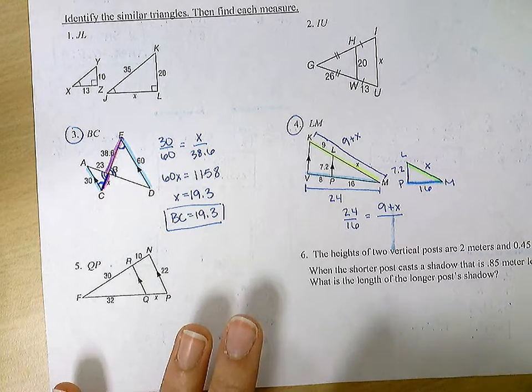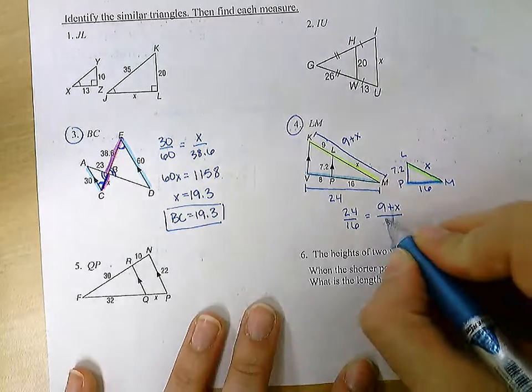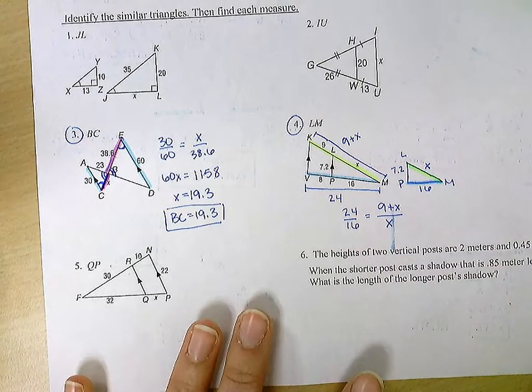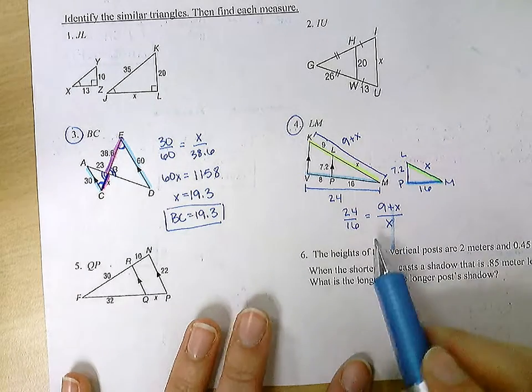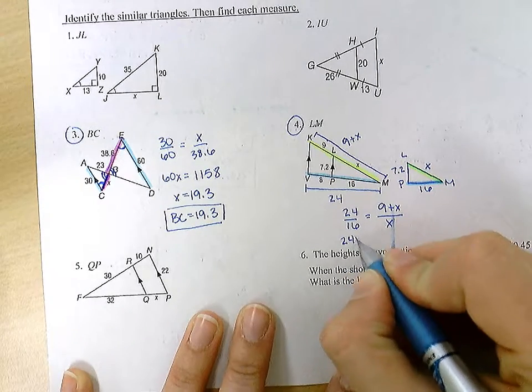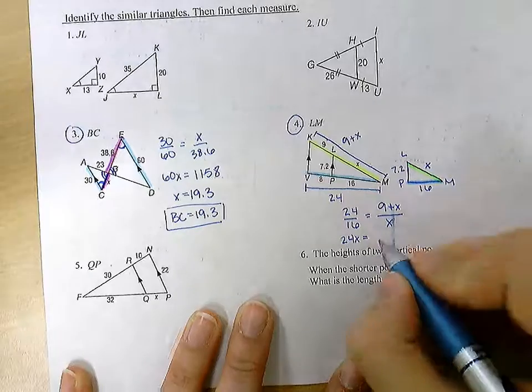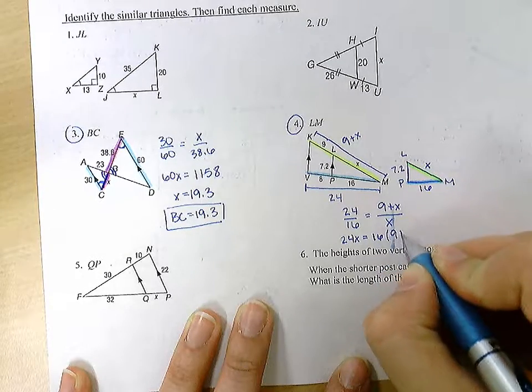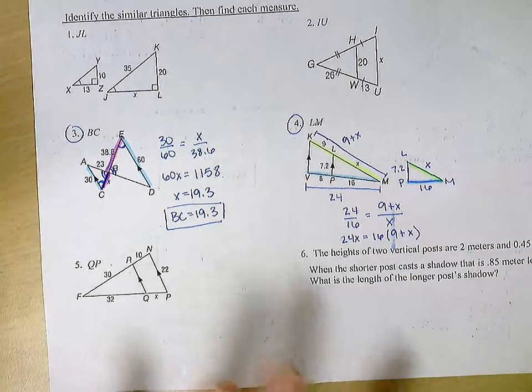What's the smaller corresponding side? X. From here, we're going to cross multiply. So we have 24x equals 16 times the quantity 9 plus x.